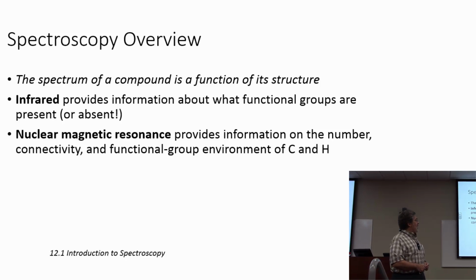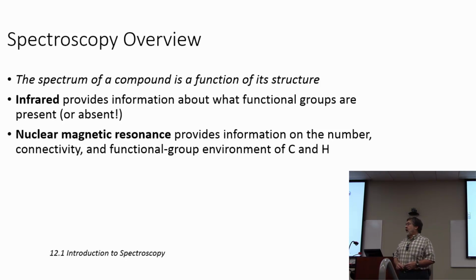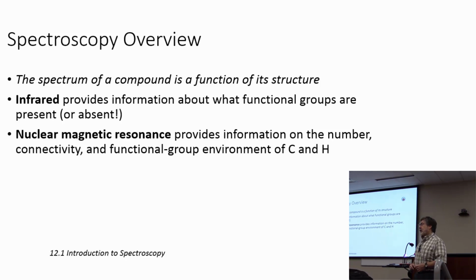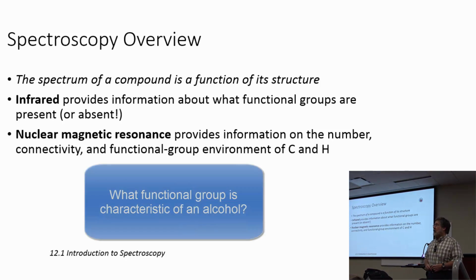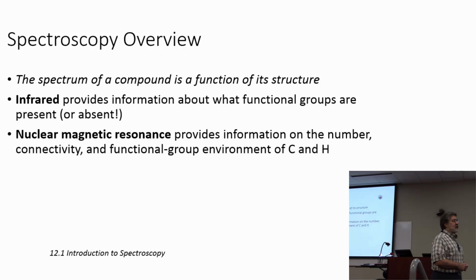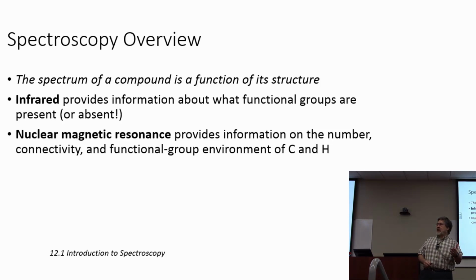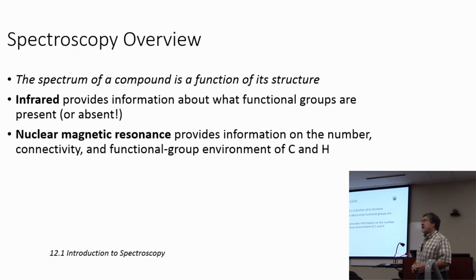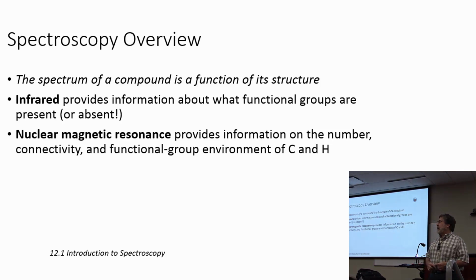It tells you the functional group. If you wanted to know if a particular compound were an alcohol, grab an IR. Put a sample of the unknown compound into the IR, wait for it to do its thing, and then look for something in particular that's characteristic of an alcohol. And all alcohols will have the same characteristic peak in an IR spectrum.